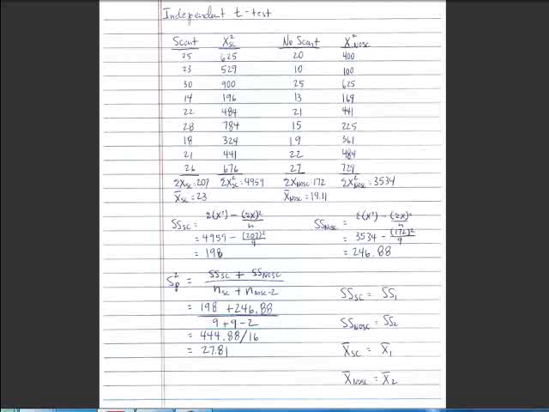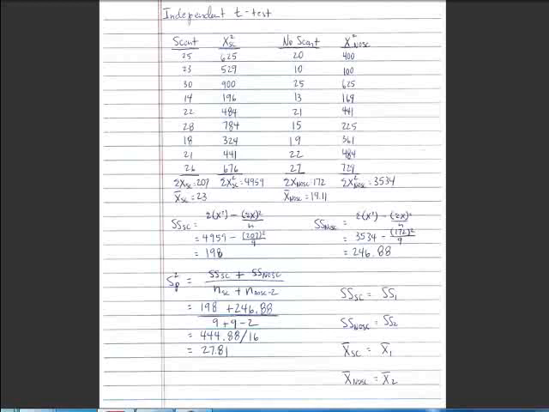So the formula for that says take the variation in the scented group, add it to the variation in the non-scented group, and then divide it by the number of people in the scented group plus the number of people in the non-scented group minus 2.